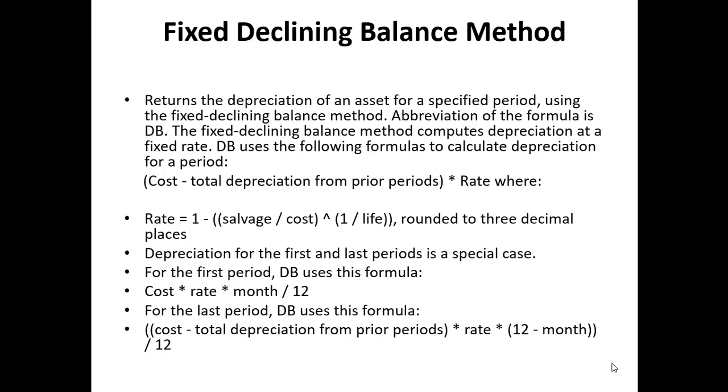The DB uses the following formula to calculate the depreciation for a period. As I said earlier, this is another method to compute the depreciation. There are different kinds of methods, and we may explore this depreciation method. To give you an idea about this fixed declining balance method, under this particular method, a higher amount of depreciation is charged in the initial period of the asset.